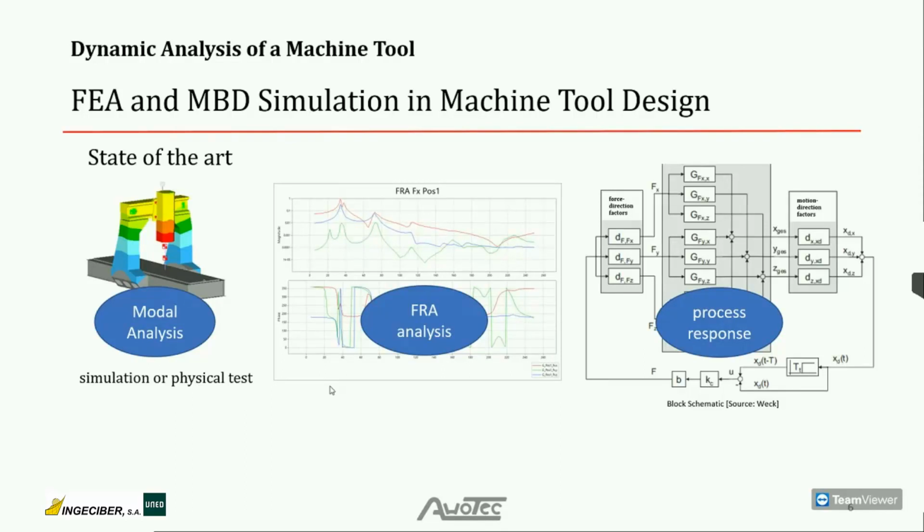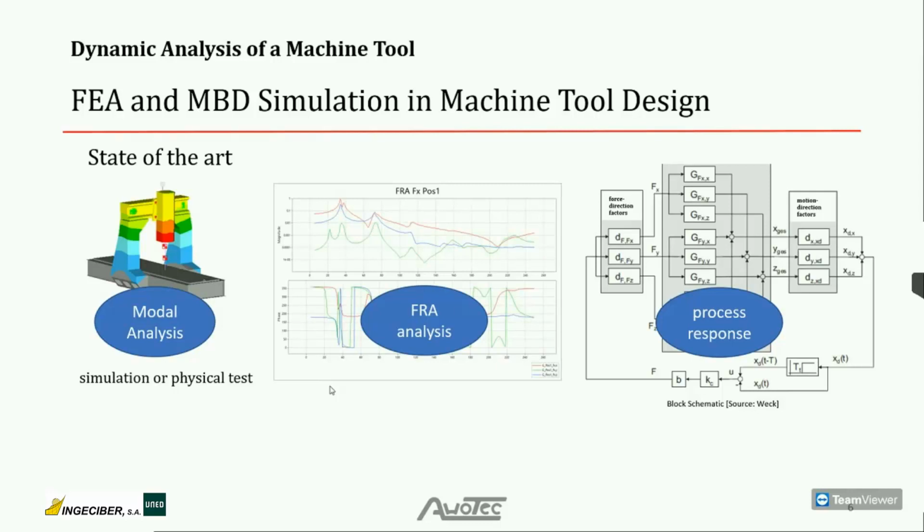This needs information about the cutting tool parameters, which are included in the so-called force direction factors, as well as of the feeding direction of the manufacturing process, which is included in the motion direction factors.